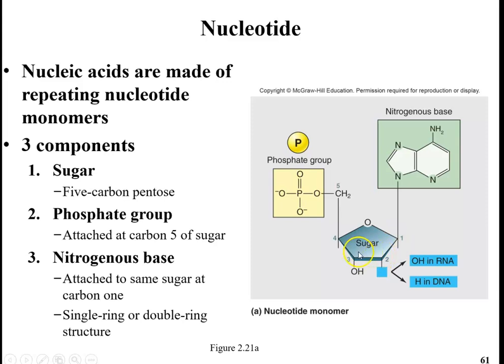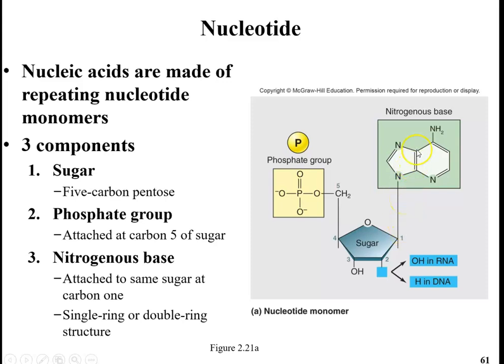The second carbon, the third carbon, the fourth carbon, and then up here is the 5th carbon. These points represent carbon atoms, even though the C is not drawn there. The phosphate group is attached to carbon 5, so that makes it stick out this way, whereas the nitrogenous base is attached to carbon 1.